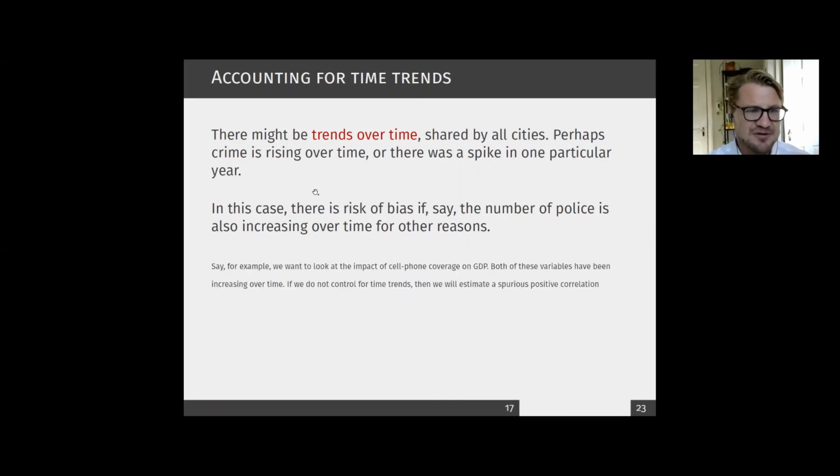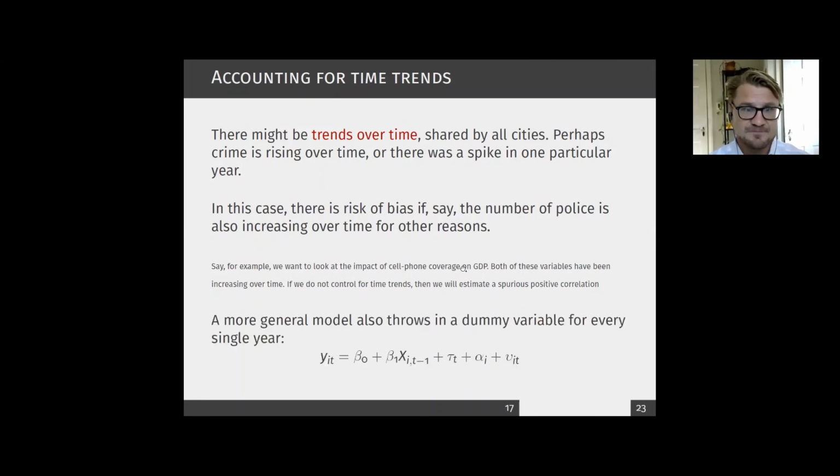Just another example, if you want to look at the impact of cell phone coverage on GDP, both of these variables have been increasing over time, but if we don't control for this time trend, we will just be estimating this spurious positive relationship.